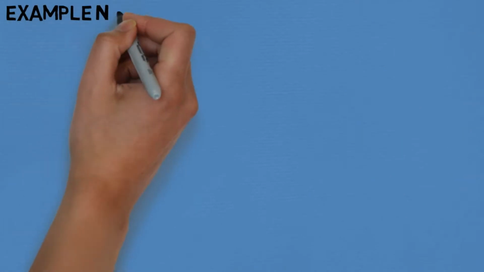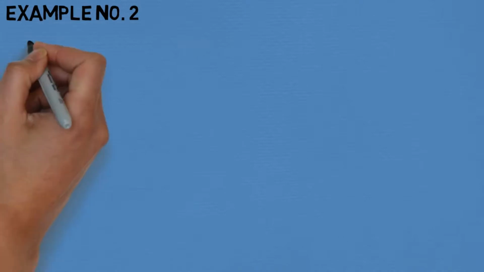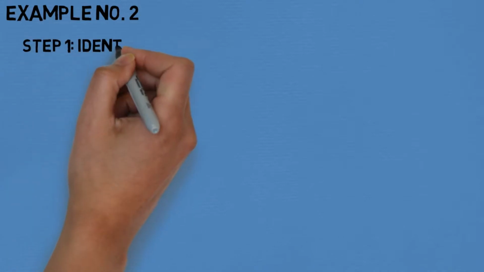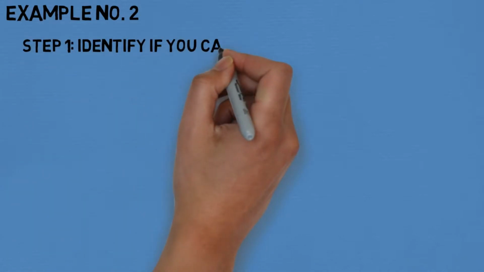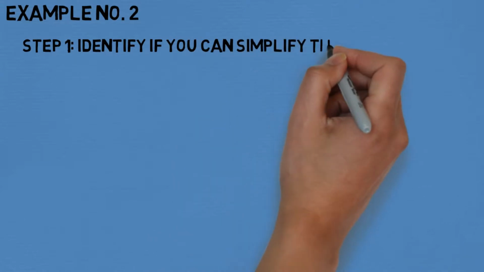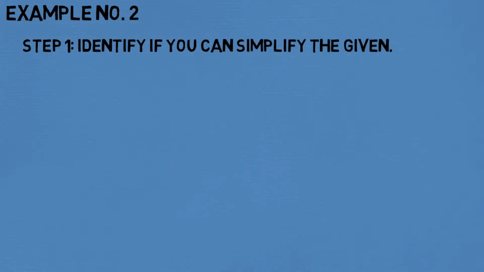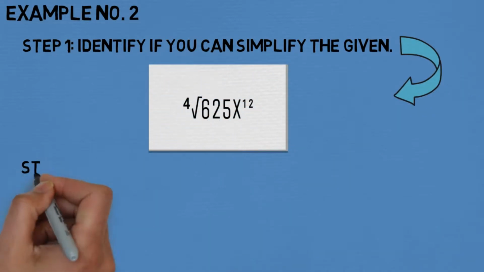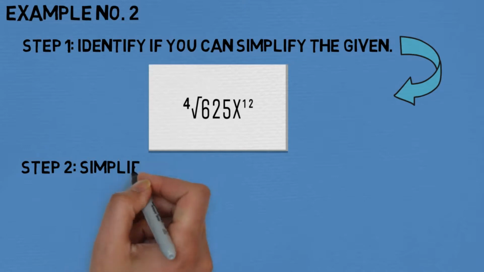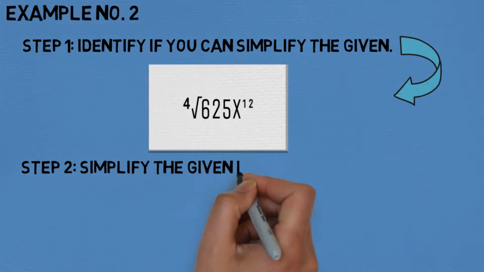Example number 2. Step 1. Identify if you can simplify the given. The given radicand to the expression can be simplified to the 4th power. Step 2. Simplify the given in exponential form.